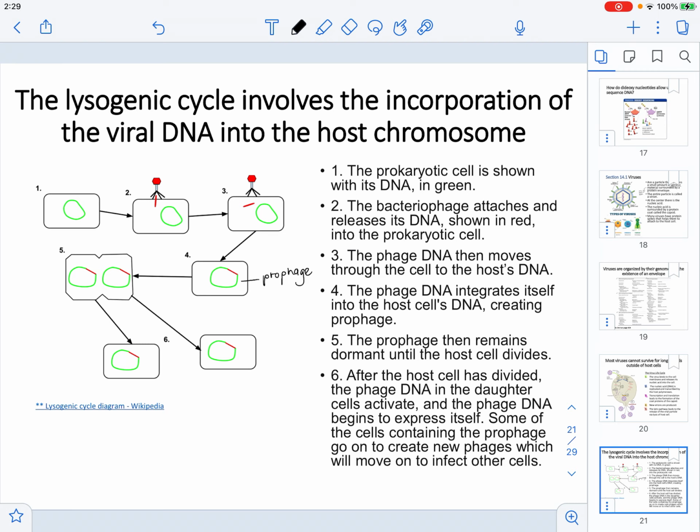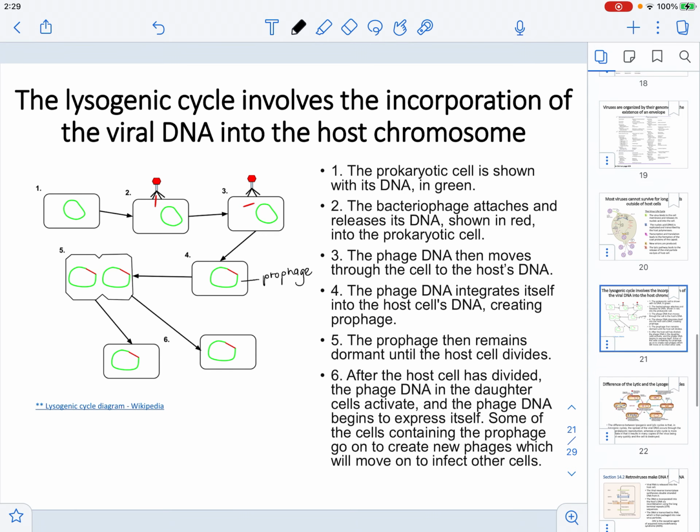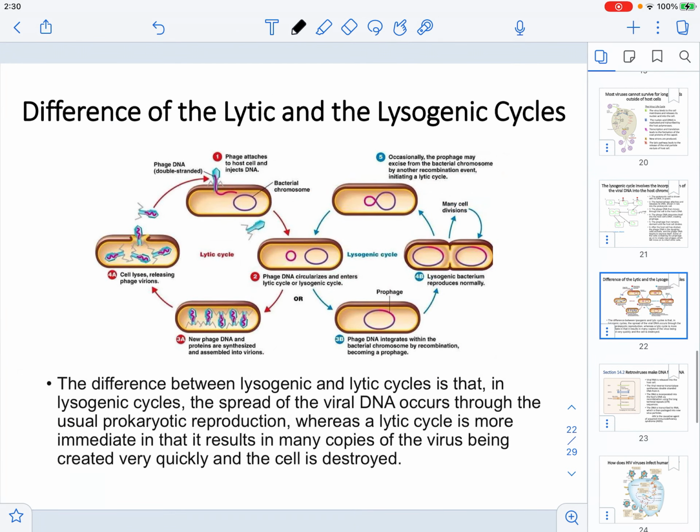So when we compare these two pathways, it is important to note that the difference between them is that in the lysogenic cycle, the spread of viral DNA occurs through usual prokaryotic reproduction. Remember that once the DNA from the bacteriophage is incorporated into your prokaryote, it is going to be dormant, and through cell division it can lead to activation.